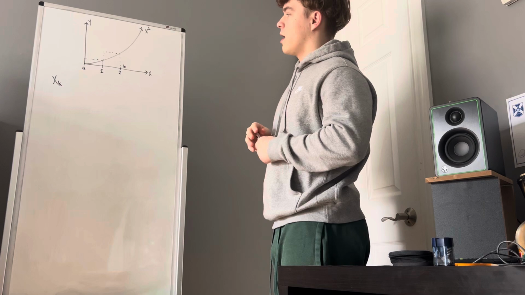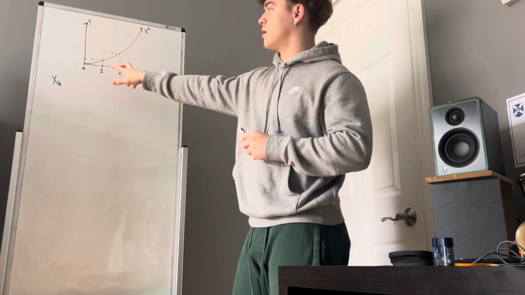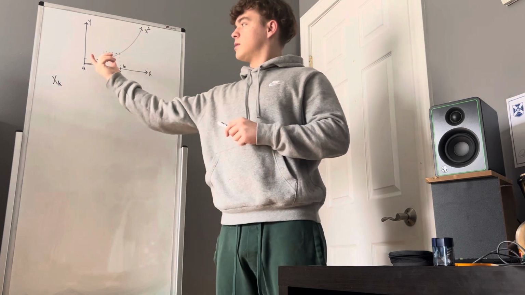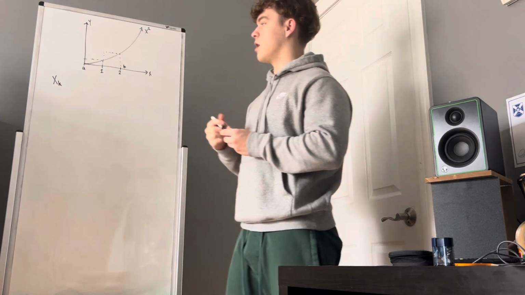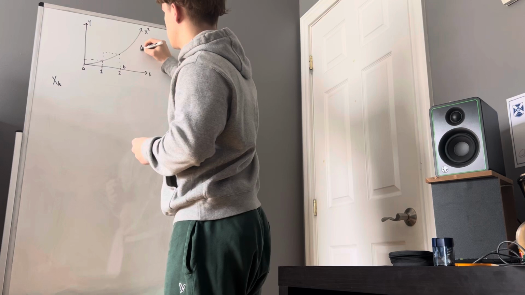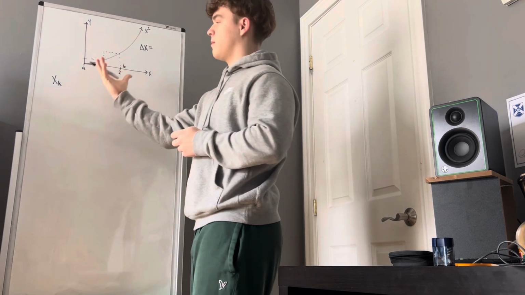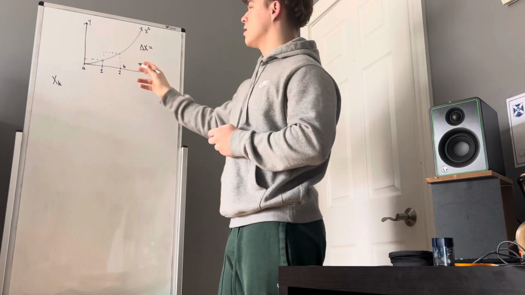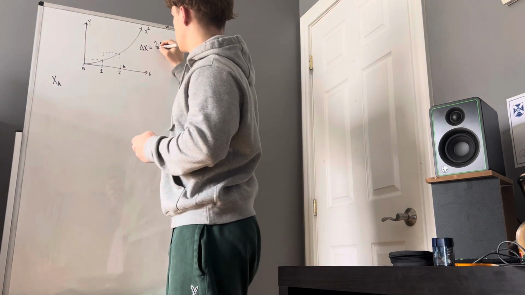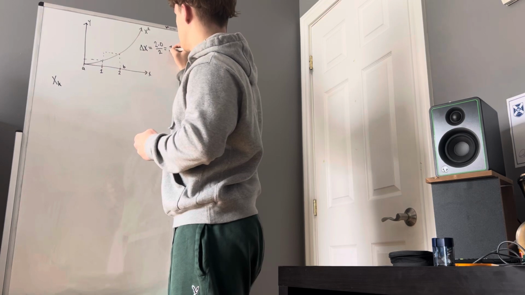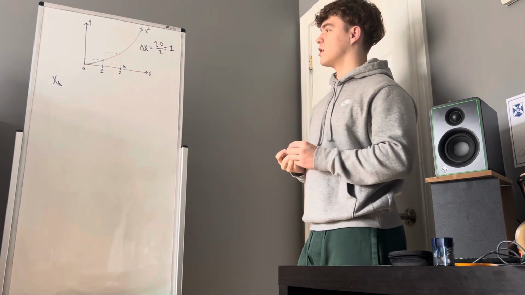First we need to find the size of the base of these rectangles, and the base we call delta x, and that's just going to be b minus a divided by the number of rectangles we have, so 2 minus 0 divided by 2, which is just 1, which makes this very easy. You're going to see why I chose this function and everything very soon.